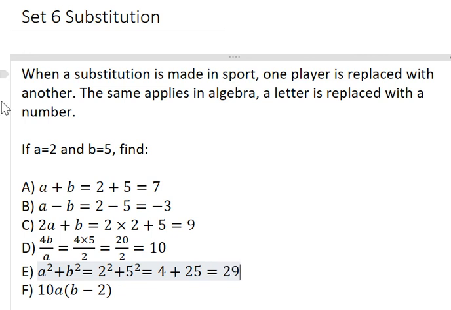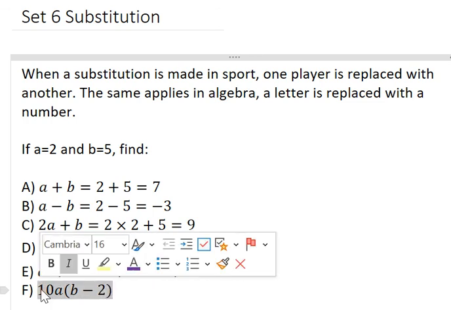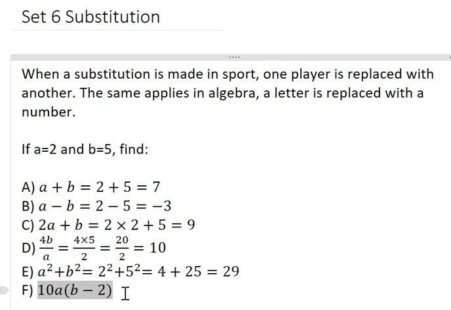All right, the last one. Now, the best thing I can recommend is that you write out this exactly the same again, but instead of writing the letters A and B, we're going to write the numbers 2 and 5. So instead of A and B, we just change them to 2 and 5.